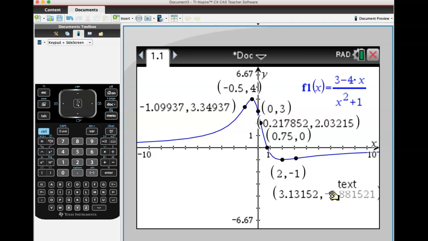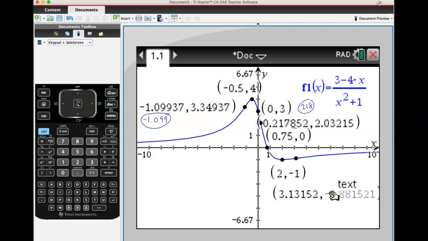And the reason why we need the float decimal is, remember, we want 3 decimal places. So when we write our answers in calculus, we're going to say negative 1.099, and over here we got to look at that, so that's going to be 0.218.